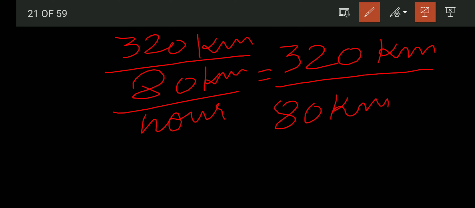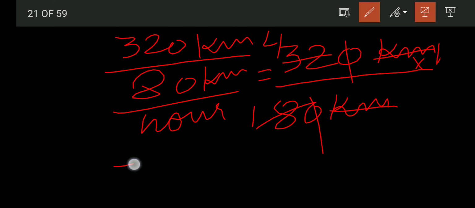And this hour goes on top. Kilometer gets cancelled. 0 gets cancelled. 8 1s are 8. 8 4s are 32. So what is left? 4, and your unit hour is left. So this is what we found, time. It took 4 hours to complete that distance.